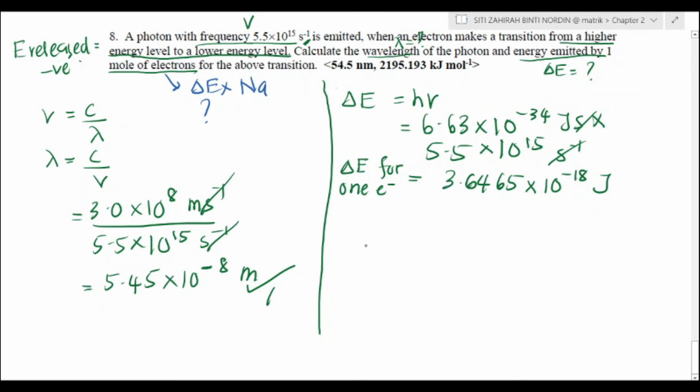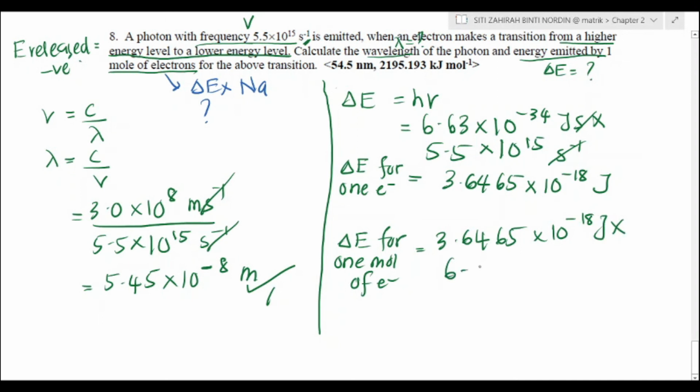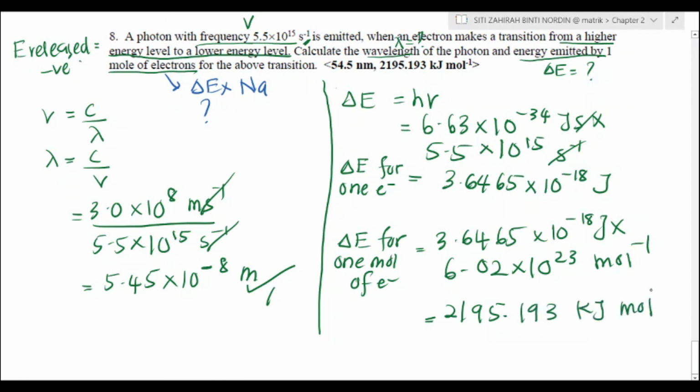So we want to find the delta E for 1 mole of electrons. You just need to multiply your delta E with the Avogadro constant, which is 6.02 times 10 to the power of 23 per mole. So the final answer will be 2195.193 kilojoule per mole.